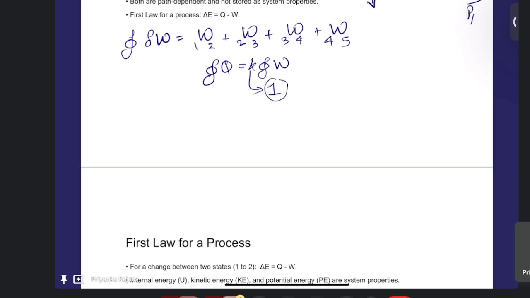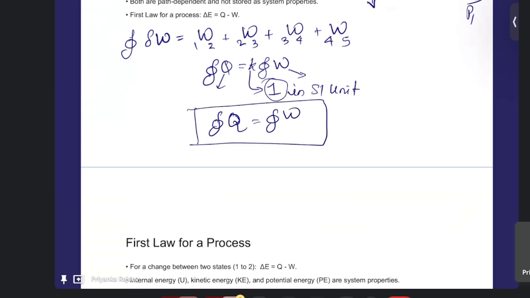After experiments and calculations, when we are converting Q and W into SI units, K is also 1. So this becomes a regular equality. This is the first law.